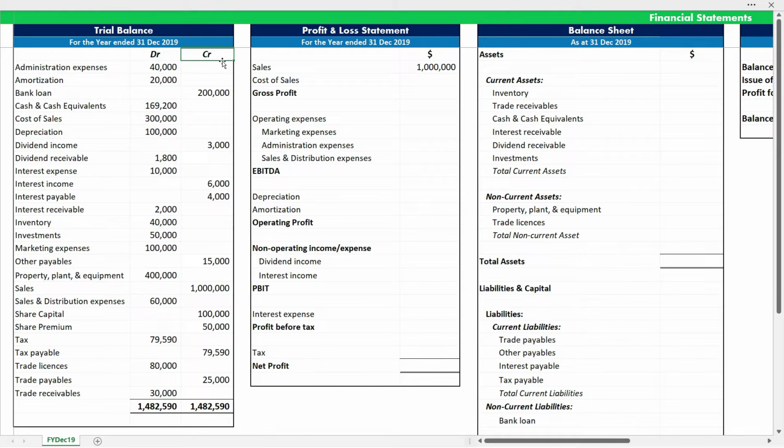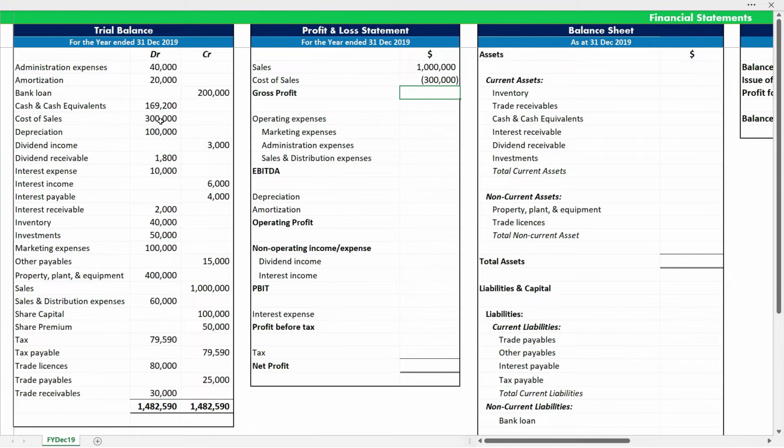I have kept the data very simple for now. So after the sales, we have to record our cost of sales, and it is a good practice to present the cost of sales, it is an expense, as a negative value. And since my cost of sales, if I show you here, is shown as a positive value here, what I'll do is I will manually add a minus sign, and this will make my value negative.